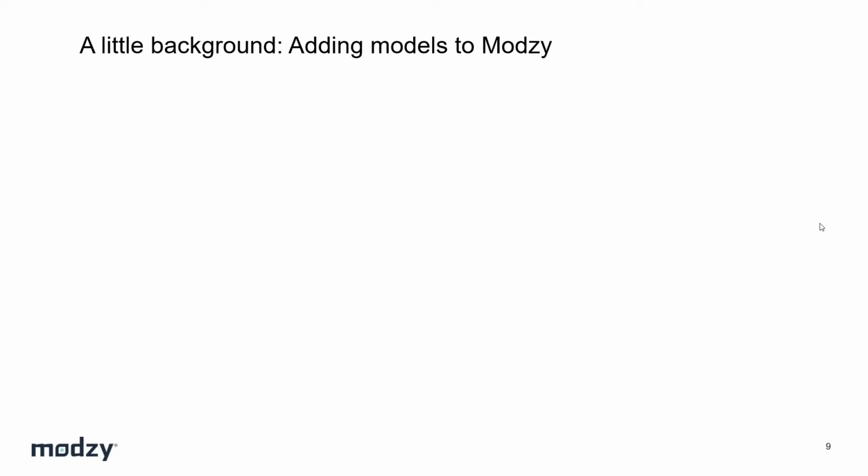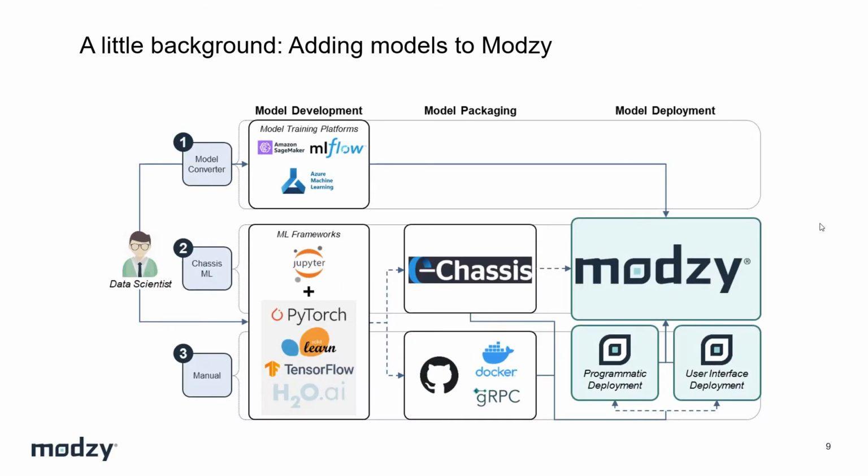So, shifting gears a little bit from MLflow to the relevance of its utility today with Modzy. I showed this diagram a few months ago when I gave a talk to showcase the different ways that you can get a model into Modzy, and there's a few of them. We've seen Chassis in a few talks at work.